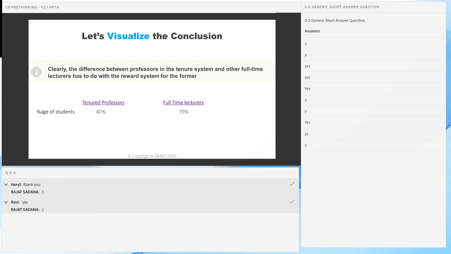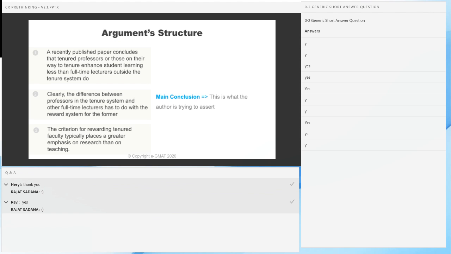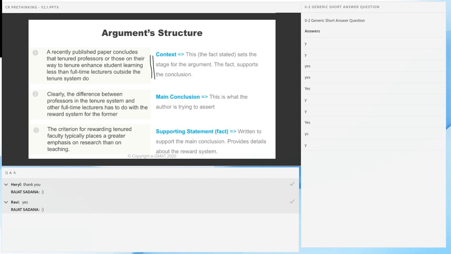Or in other words, let's visualize this: for tenured professors, probably the reward system is such that 40% of the students who work with tenured professors show significant benefit, whereas with full-time lecturers, 70% of the students show significant improvement in their overall abilities. All right, this is the main conclusion. Statement number one provides the context. It sets the stage for the author to make his claim. And statement number three is a supporting statement that supports statement number two.